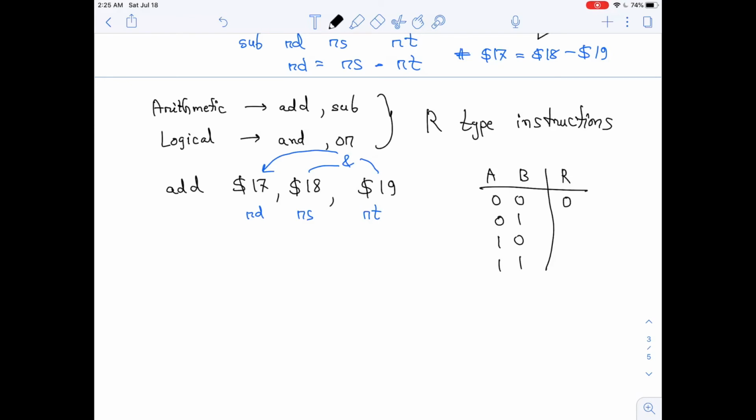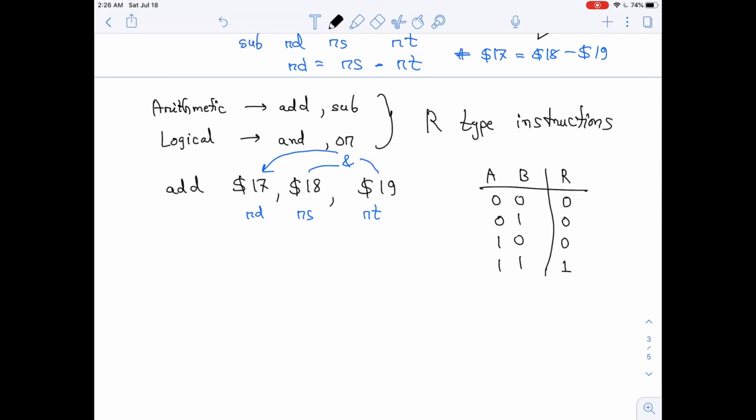Only when both bits are 1, you're going to have a 1 as a result. Otherwise, for every other case, your result is going to be 0. So that is what an AND operation looks like.